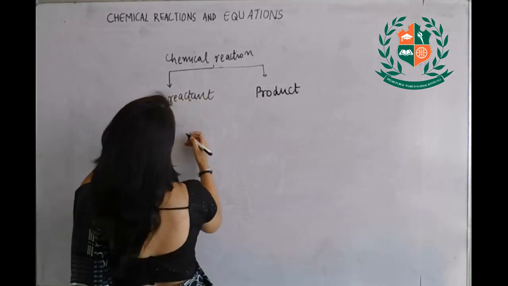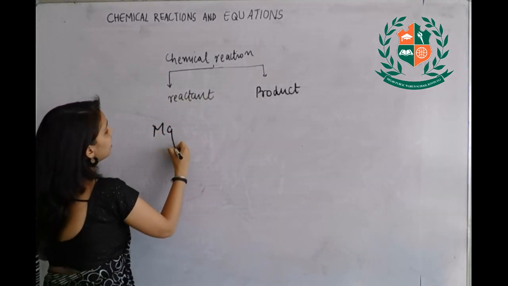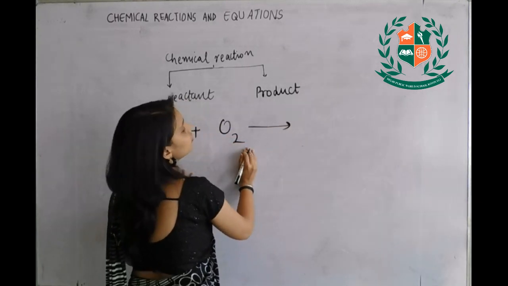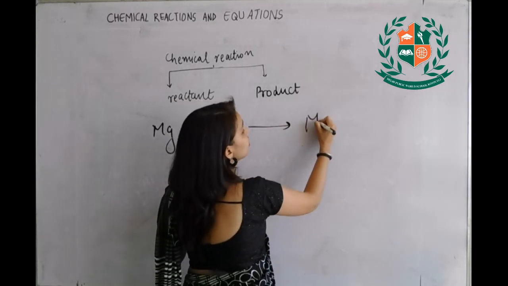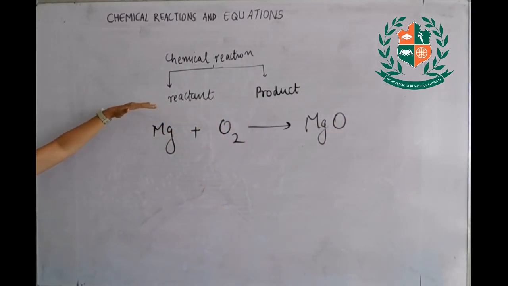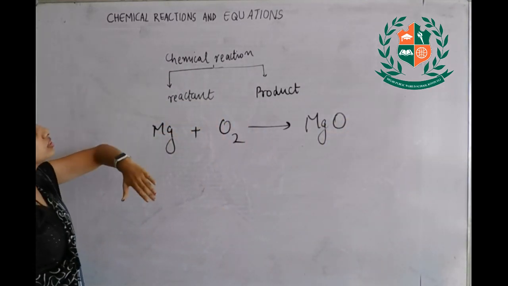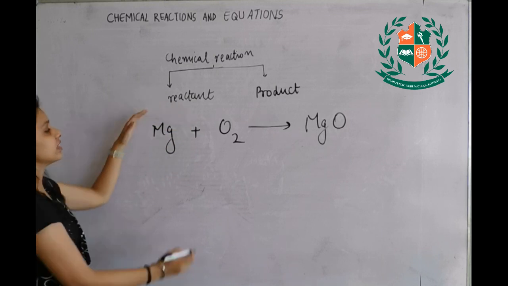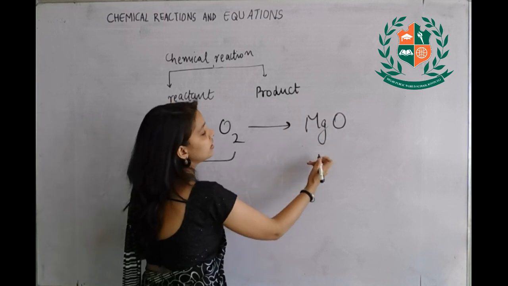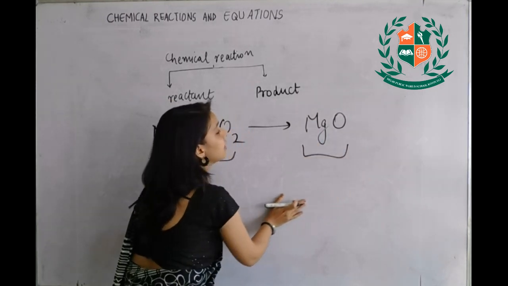For example, magnesium ribbon reacts with the oxygen present in the air to give us magnesium oxide. Here the reactants are magnesium and oxygen, and the product is magnesium oxide.